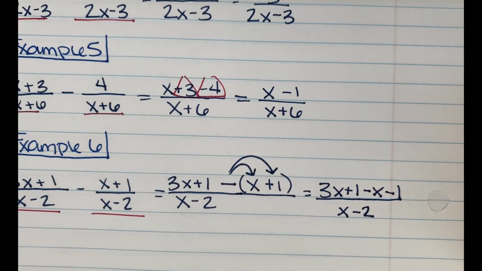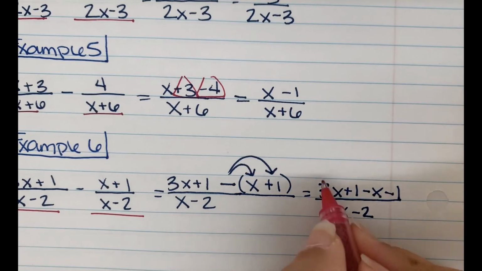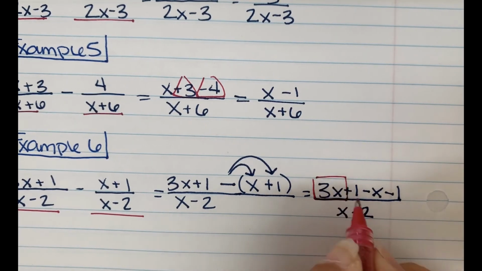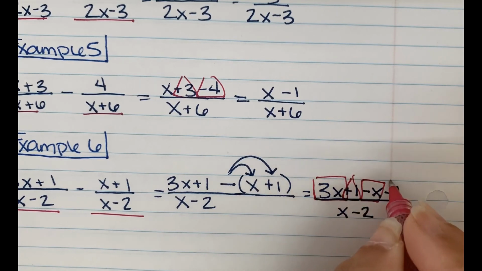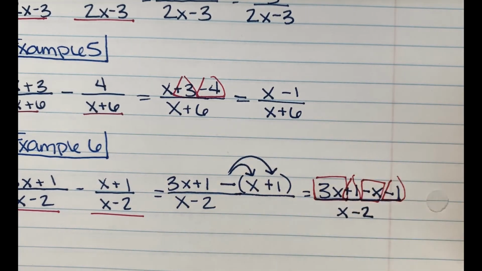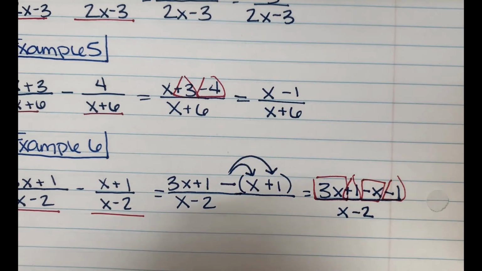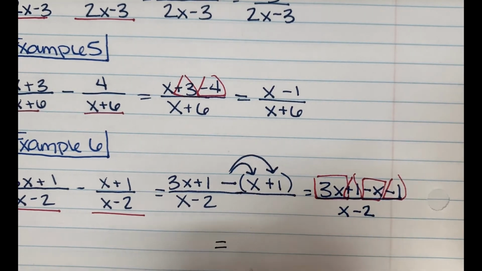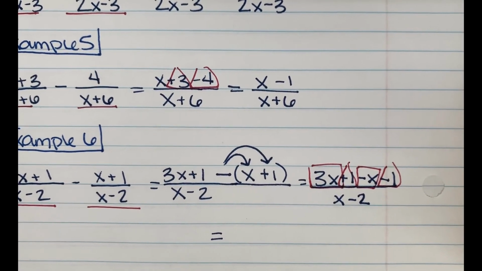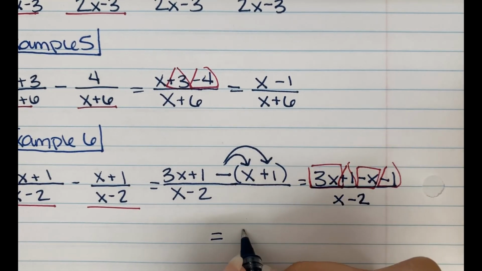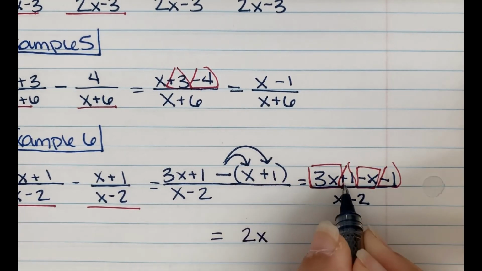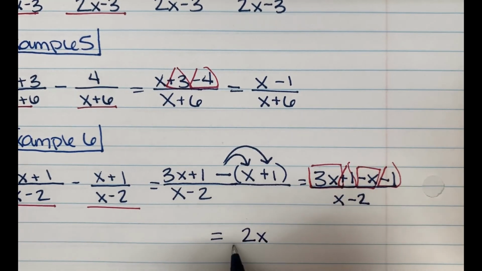So now if we find our like terms, we have 3x and negative x, and we have positive 1 and negative 1. I'm going to rewrite the answer down here. So it's going to look like 3x minus x is 2x. 1 minus 1 is 0 over x minus 2.